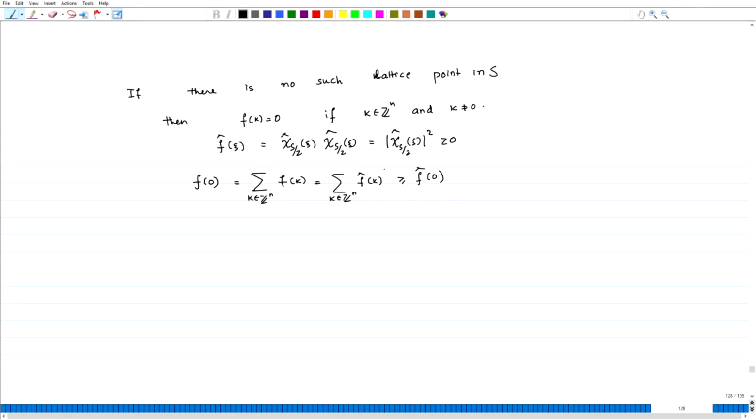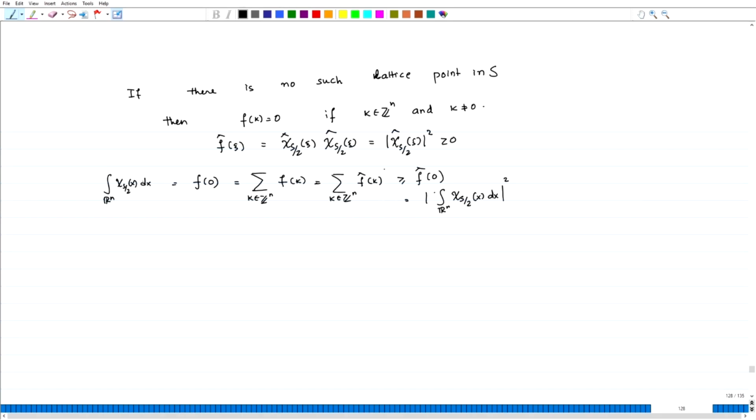F hat of 0 is nothing but the modulus of the integral over R n of chi of S by 2 of x dx, whole to the power square. As we have seen, this is nothing but the integral of chi of S by 2 of x dx.